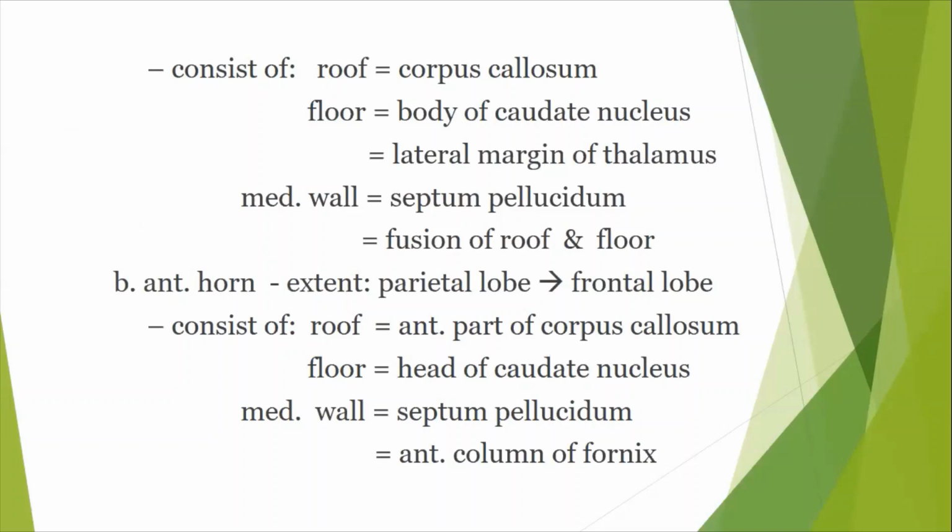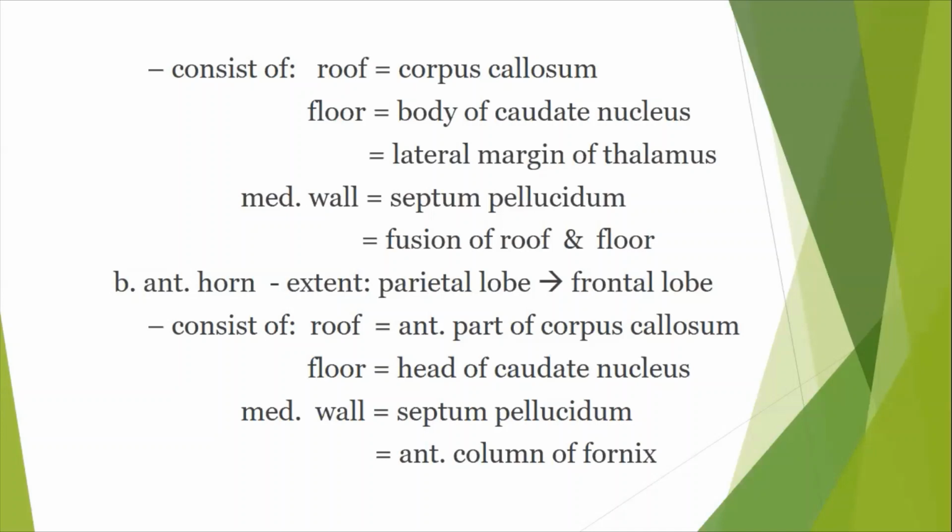Its medial wall will be made up by the fusion of the roof and the floor, and also by your septum pellucidum. Now, there will be horns in the lateral ventricle, and the most anterior horn, the one in the frontal area, will be your anterior horn. This will extend from the parietal lobe to the frontal lobe.